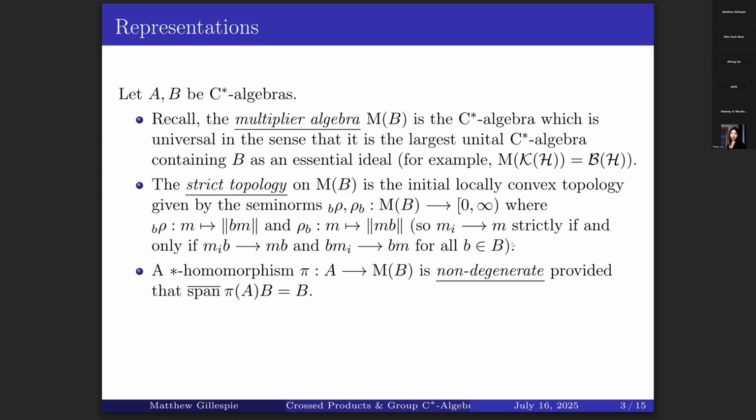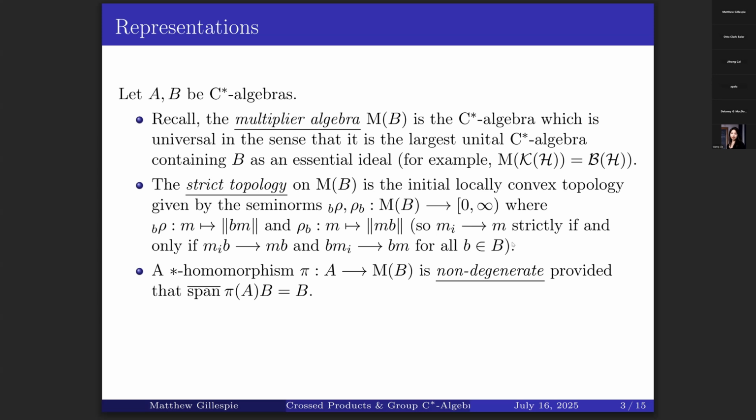So moving on. A star homomorphism pi from A to the multipliers of B, we call this non-degenerate, provided that this collection, which is the closed span of all of the products of elements from pi of A times B, gives you back the whole C-star algebra B itself.